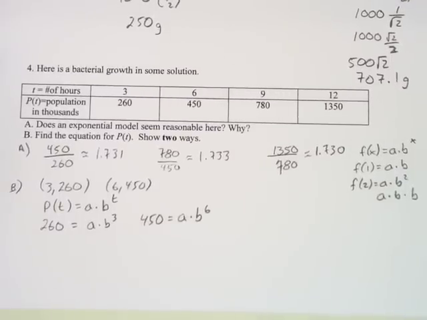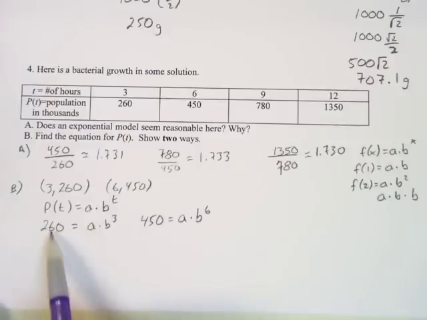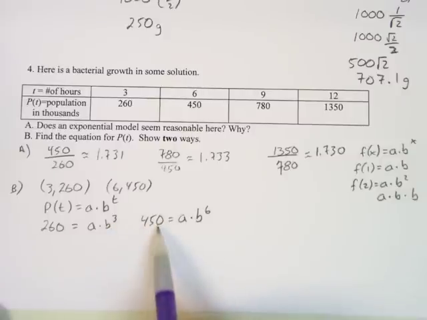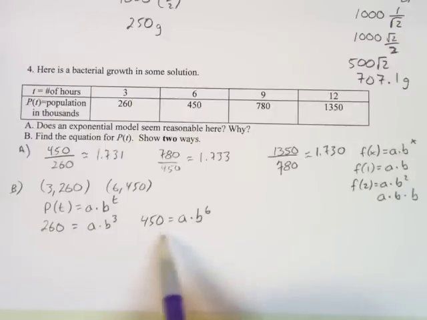Now, we have a system of two equations with two variables. Add subtract is not a method we can use here. We can do substitution. That would work. We could solve one of the equations for a, plug it into the other one. There's another one that works nicely for exponential functions. We have 260 equals a times b cubed, and 450 equals a times b to the 6. We can take this equation, and as long as we're dividing by the same thing on both sides, this is still going to be true.